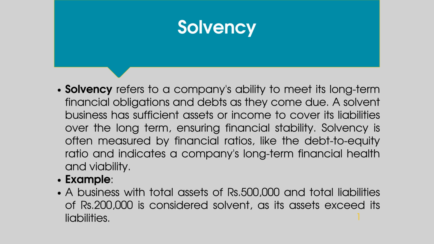Solvency is measured by financial ratios like the debt to equity ratio and indicates a company's long-term financial health and viability. For example, a business with total assets of rupees 5 lakh and total liabilities of rupees 2 lakhs is considered solvent as its assets exceed its liabilities.